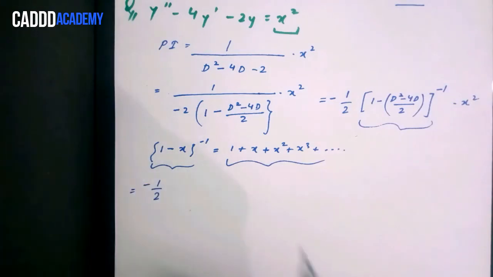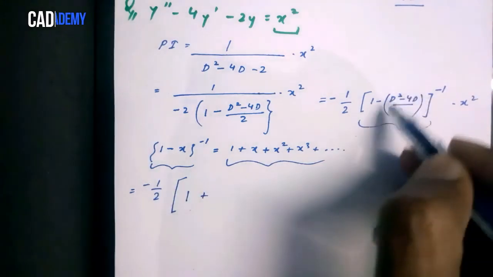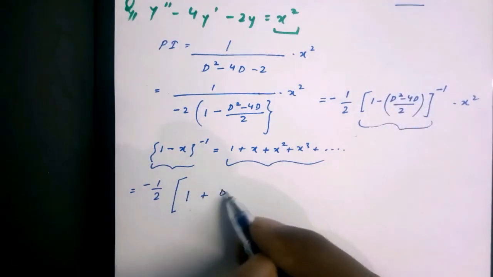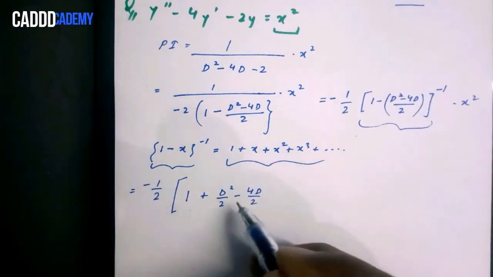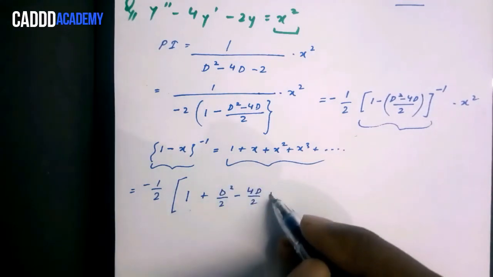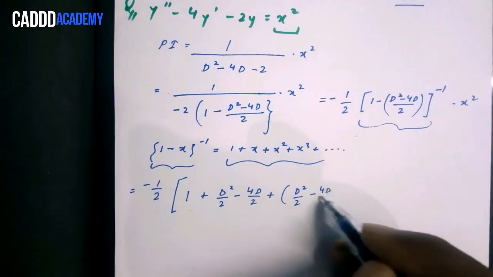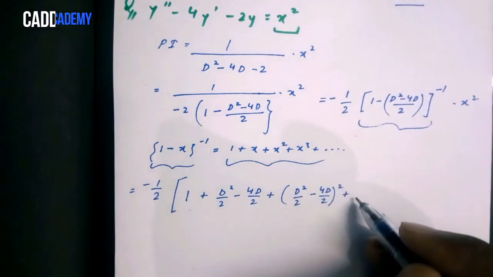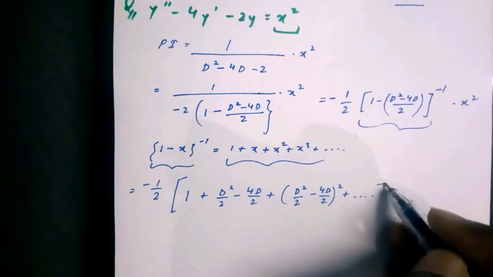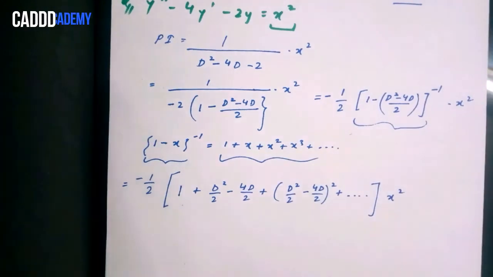Minus half, and 1 plus x is this thing, so (d square by 2 minus 4d by 2), plus x square, so that will be what, (d square by 2 minus 4d by 2) square, plus we have to go like this, and we have x square here.